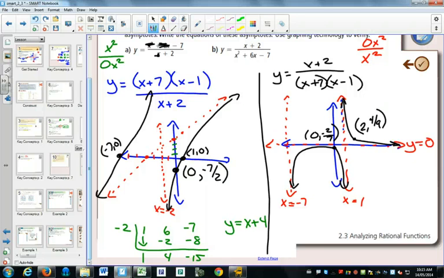And a value less than negative 7, try negative 8. Can you see on the top you would get negative 6? And on the bottom you would get 9? Is that right? Or negative 9? What happens when you plug in -8?